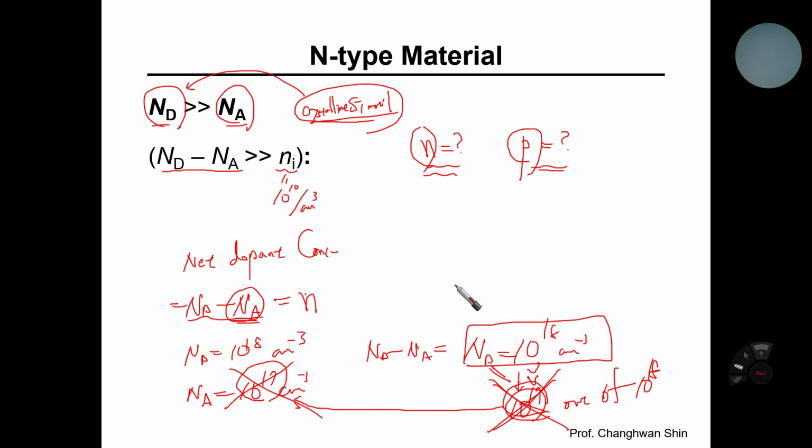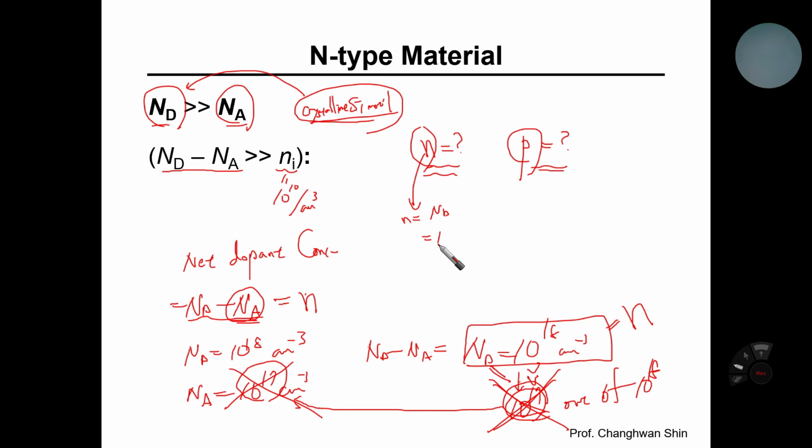Okay. All right. So now we suppose that this sample is doped with donors at 10 to the 18 per cubic centimeter. Then you can simply say that the total free electron concentration is identical to the donor concentration, so that the electron concentration n is equal to Nd.